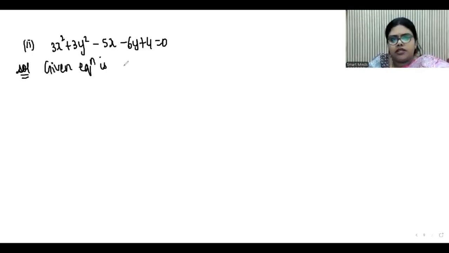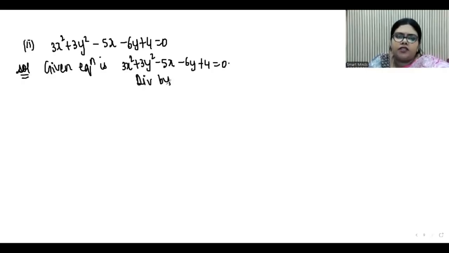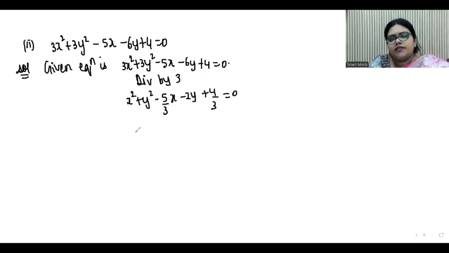Given equation is 3x square plus 3y square minus 5x minus 6y plus 4 is 0. First dividing by 3, so you'll get x square plus y square minus 5 by 3 x minus 2y plus 4 by 3 is equal to 0.